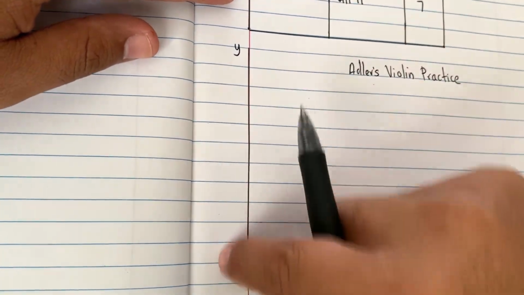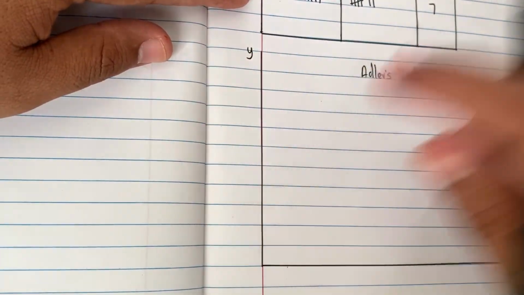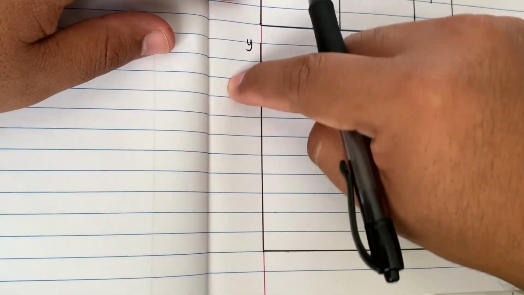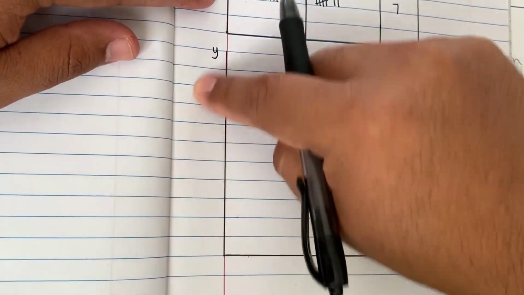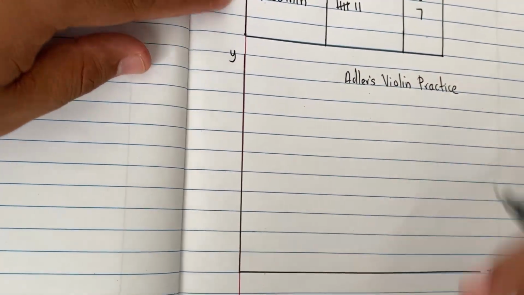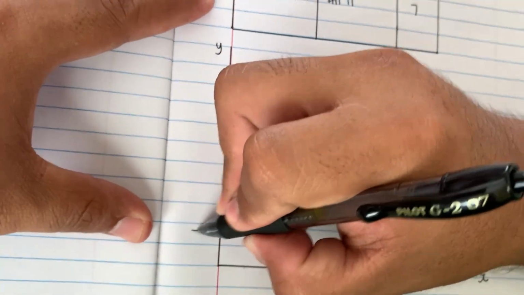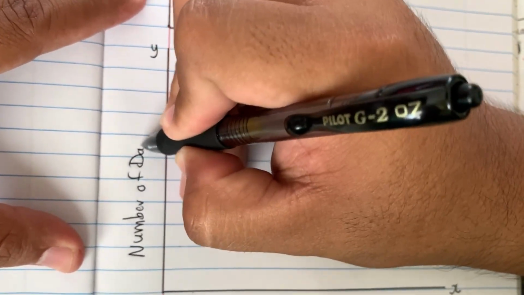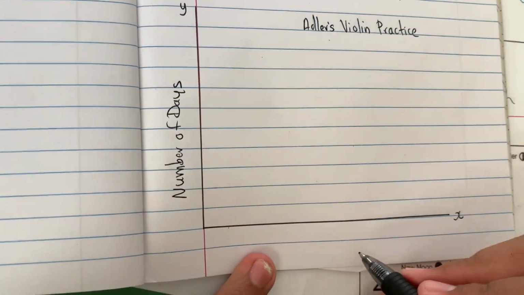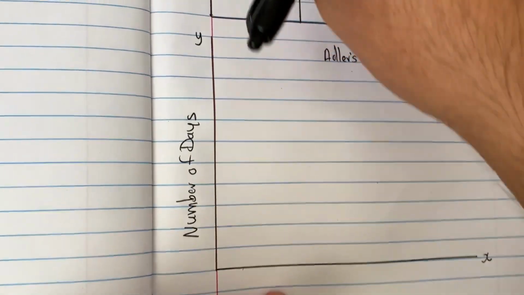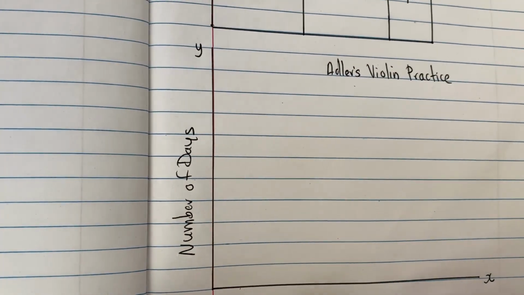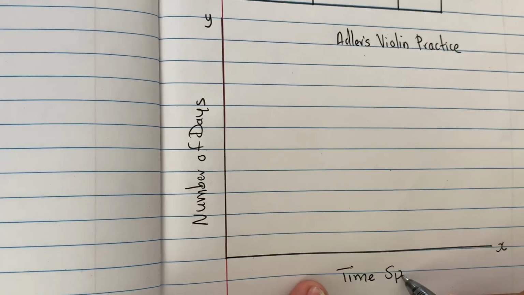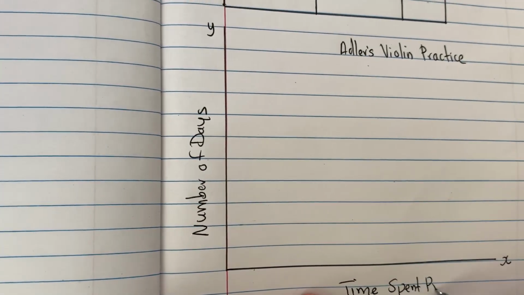Now on this section, our y-axis, we will put in the number of days, all right, the amount of days that Adler practices. So here would be number of days, and here, since we're talking about time intervals, here would be time spent practicing.